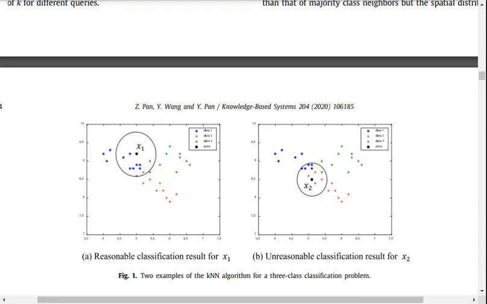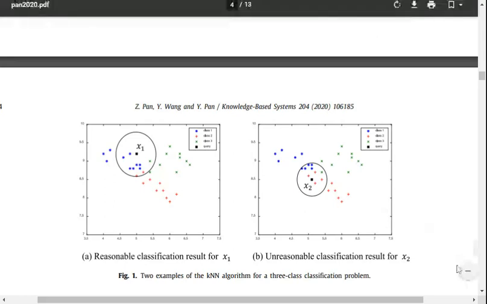But we can see that X2 belongs to the red points because the distribution of red points is nearer than blue points to the query instance. But according to the normal KNN, we would say that X2 belongs to blue points, and that's incorrect.